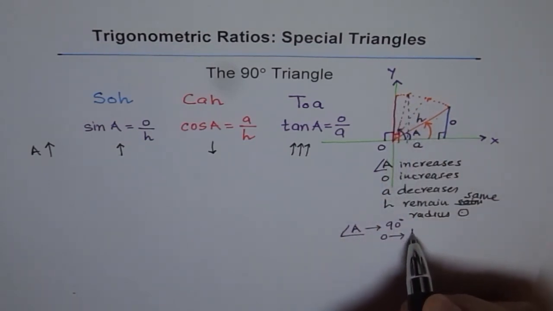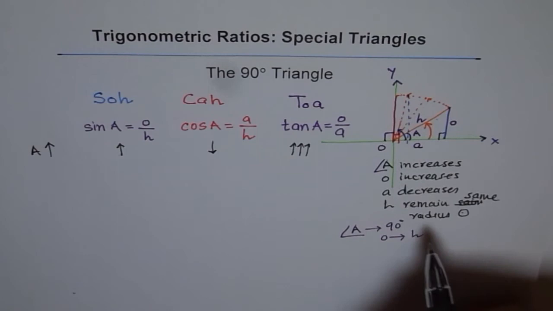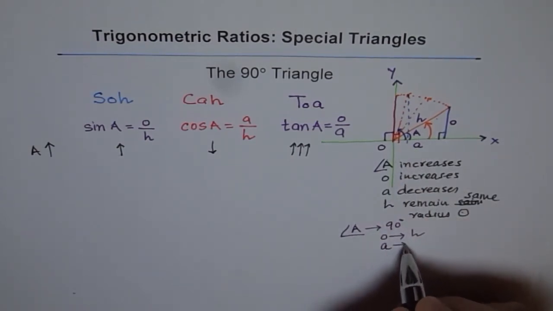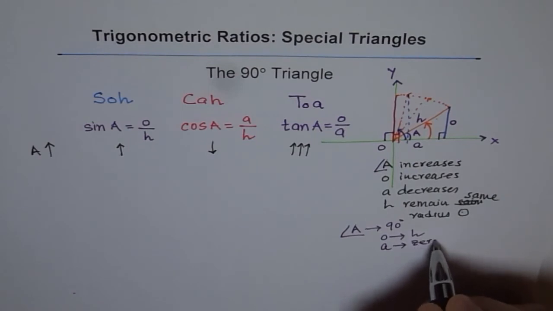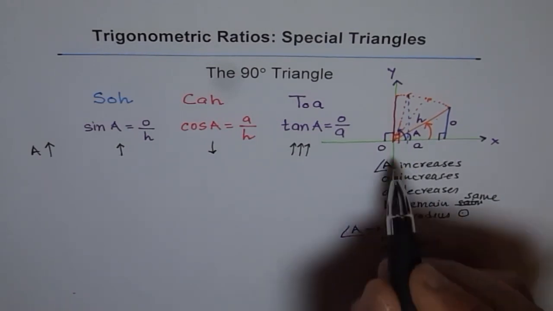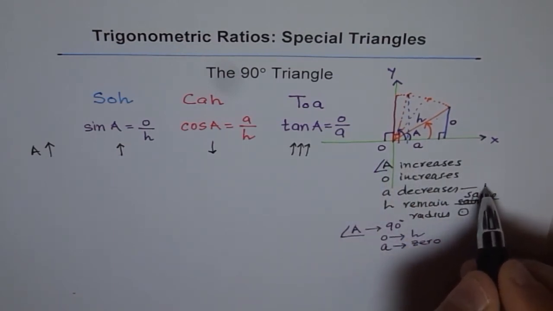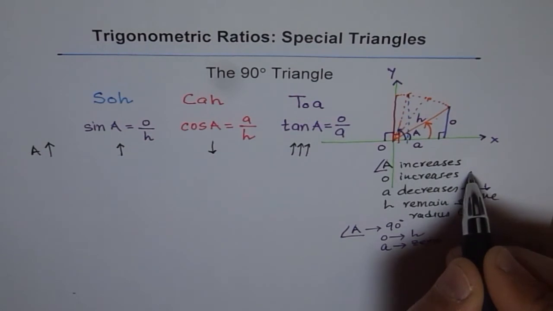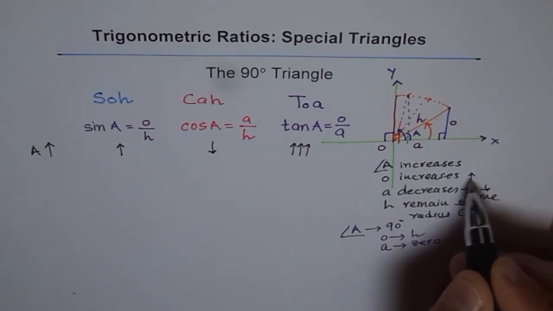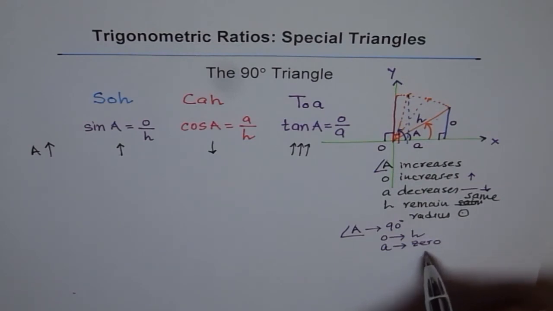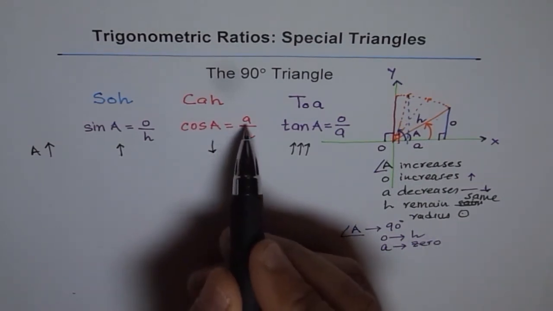And what about the adjacent side A? A becomes closer and closer to 0. I'm writing 0 to be very clear, because it is decreasing. So O increases to almost the hypotenuse, and A decreases to almost 0.